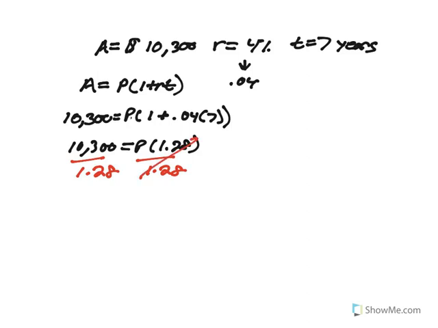These cancel, and you're left with P equals. Now, when you divide 10,300 by 1.28, I got $8,046.88. That's the principal.